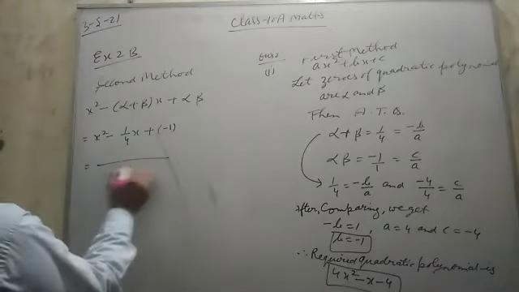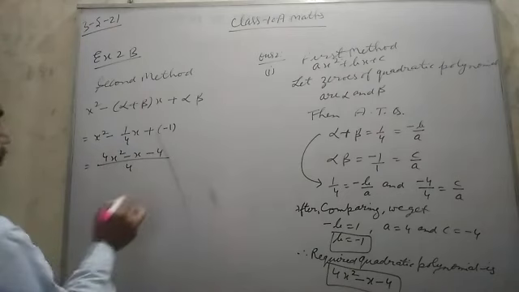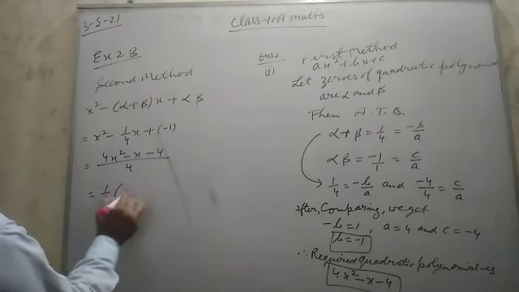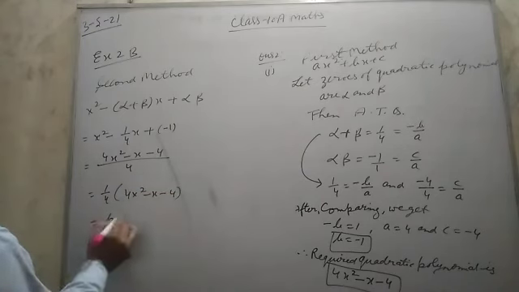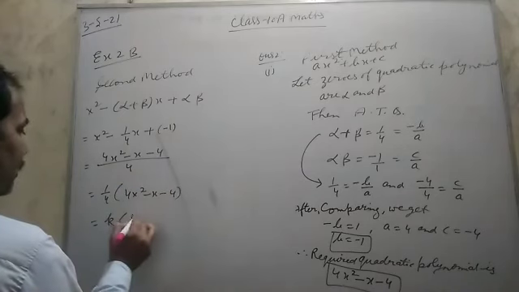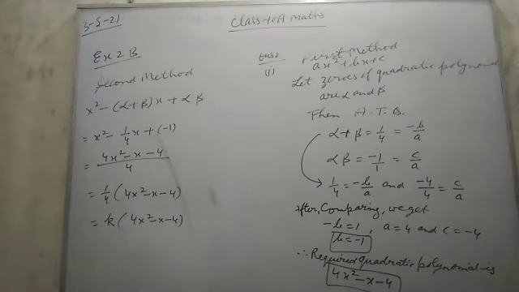So take LCM: 1 by 4, 4x square minus x minus 4. That 1 by 4 is a constant, suppose k. When we write the quadratic polynomial, we write it without the constant.